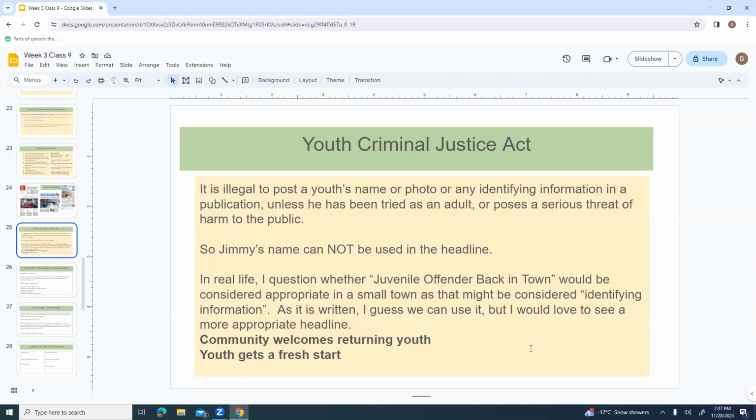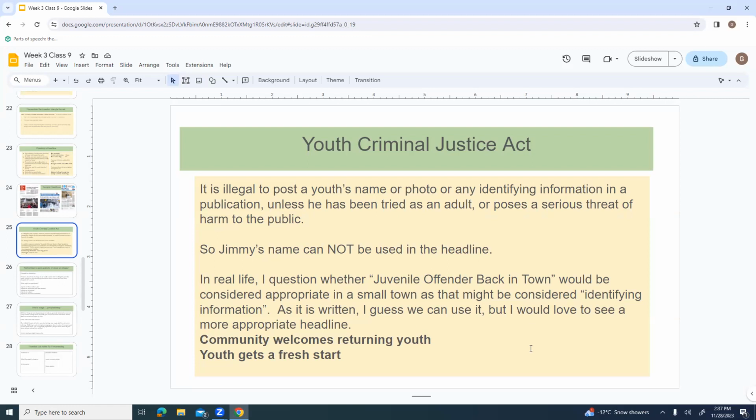Just wanted to mention the Youth Criminal Justice Act. It is illegal to post a youth's name or photo or any type of identifying information in a publication unless they were tried and sentenced as an adult, right? Like if somebody murdered 3 people and then were tried as an adult, then it can be reported on because they've waived their status as a juvenile, essentially.